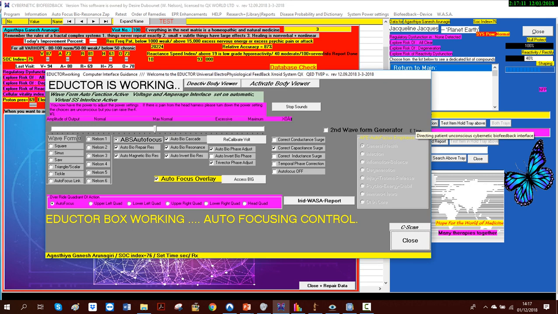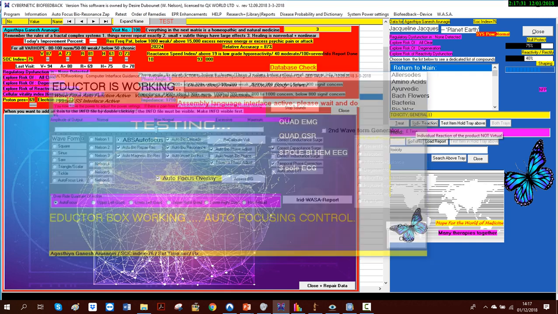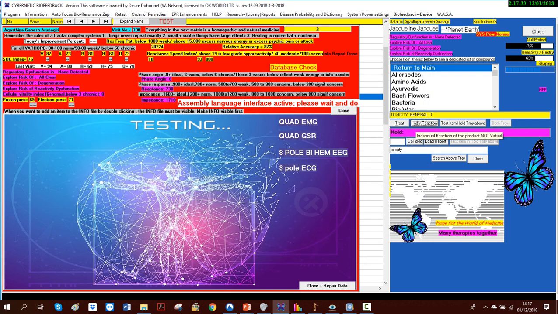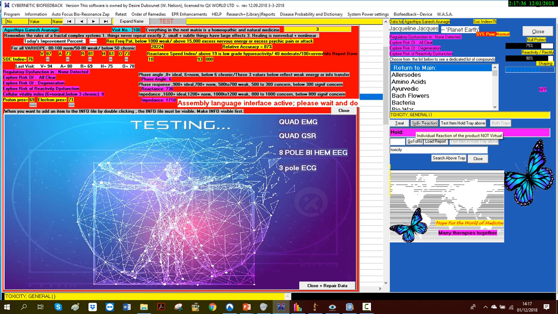But if we want to retest one element to see if it is significant for my client today, we can look at the heavy metals, the mercury, aluminum, or those toxins. Today I just look at general toxicity stress, and it will give me some indication.